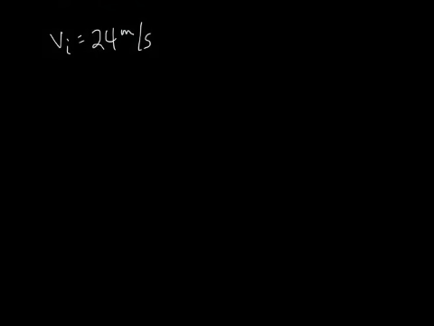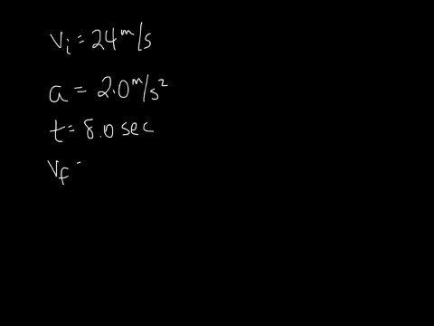Always start by writing down the given information. V initial equals 24 meters per second, A equals 2 meters per second squared, T equals 8 seconds, and V final is our unknown, so it is our question mark. The only equation that has only these four variables is kinematics equation number 1, so that's the one that we will use.